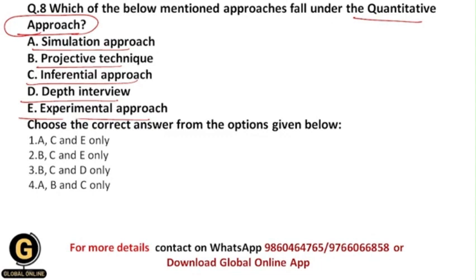Okay, so let us see what the simulation approach is first of all. Basically it is a technique that reproduces actual events and processes under test conditions, and after all we are going to test such events and processes by using statistical techniques. In this simulation approach we are going to use statistical techniques, and that's why here we are going to use the quantitative approach only.